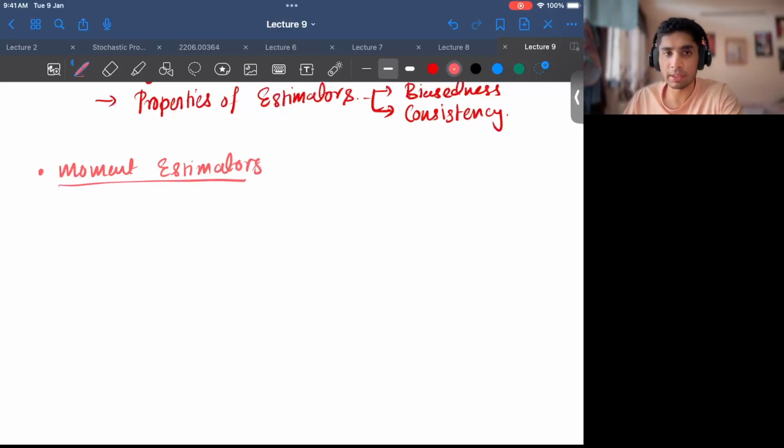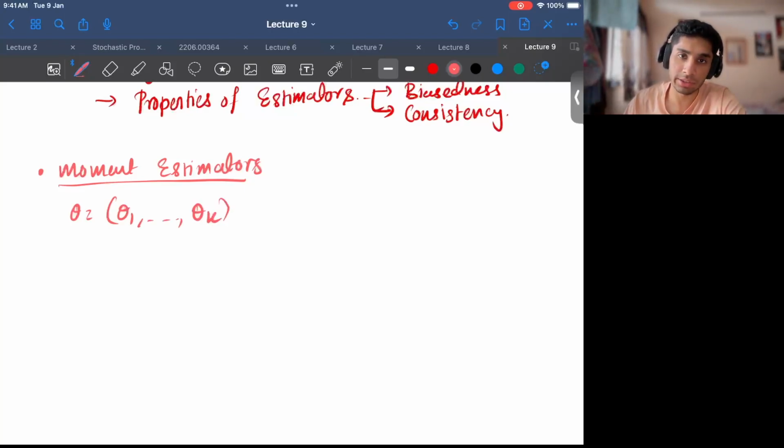Moment estimators: let's say you have some parameters theta, which is a tuple theta 1 to theta k. These are the parameters of your distribution. You have a random variable W coming from some distribution f_W of w parameterized by theta.